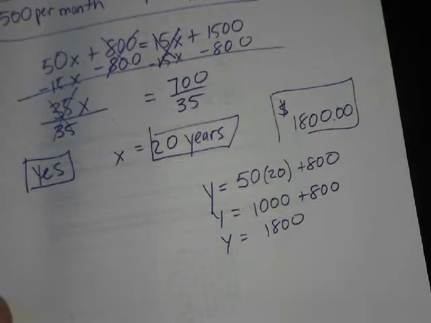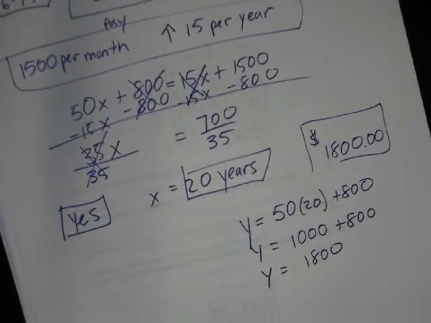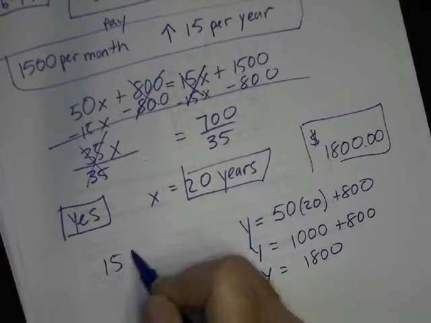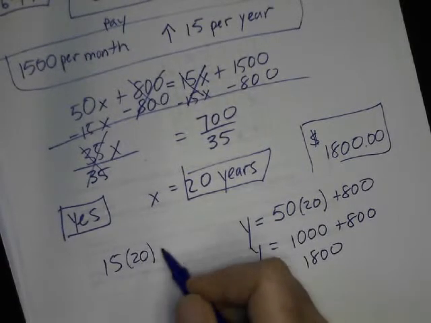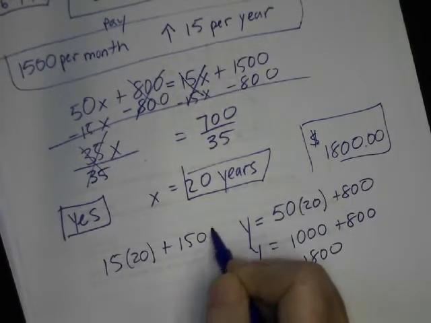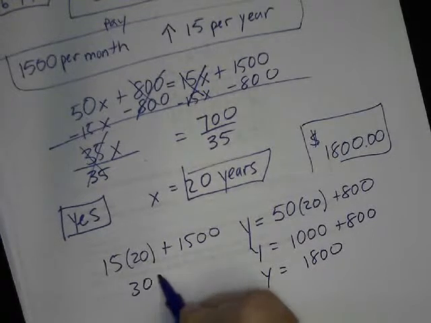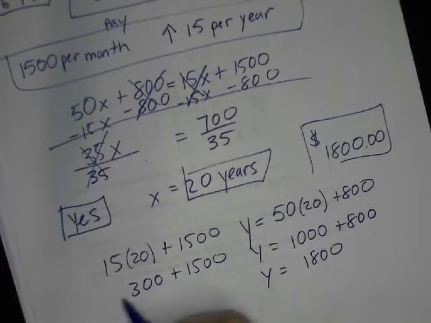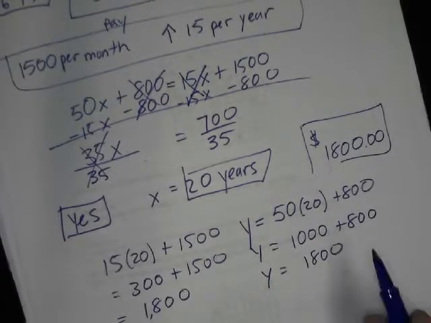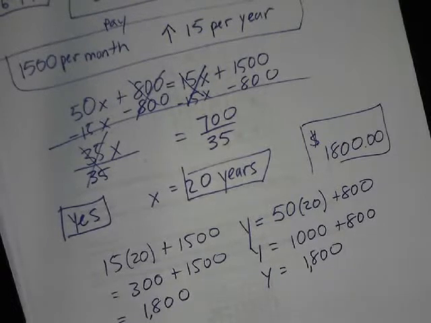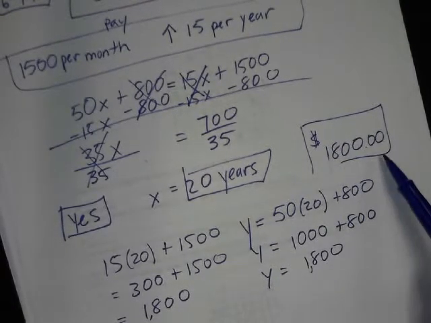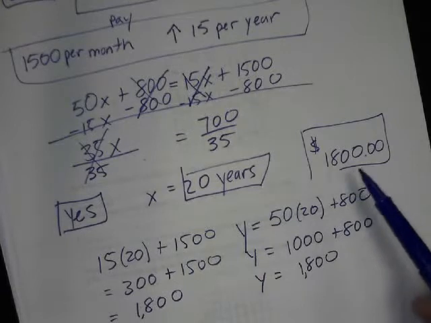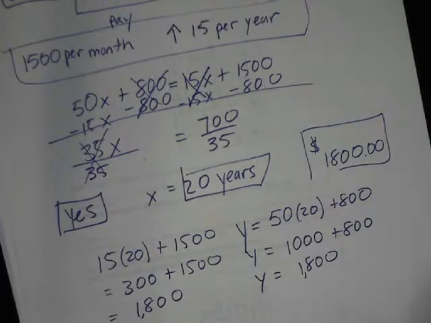Yeah, because 15 times 20 is 300, and plus 1,500 is 1,800. So we still get the same answer, so that's where that 1,800 came from. You could have plugged it into either of the equations and got it.